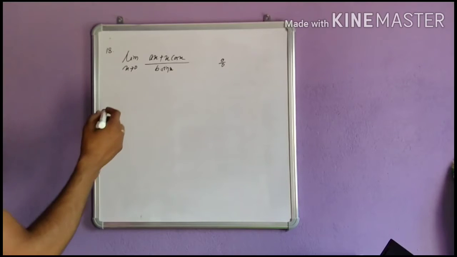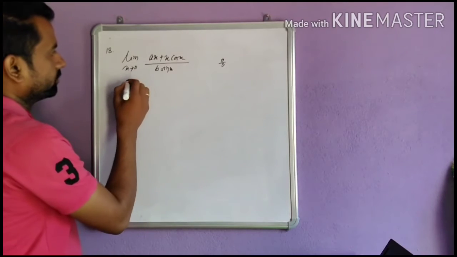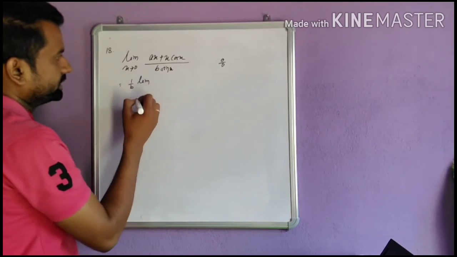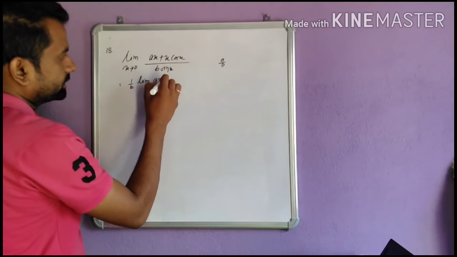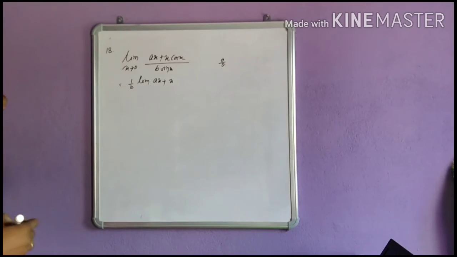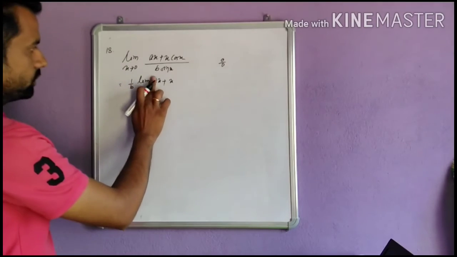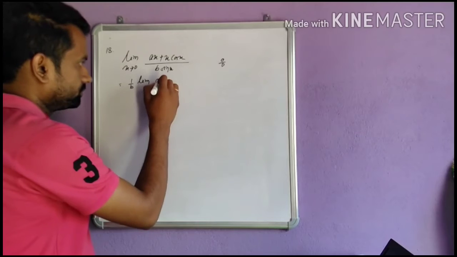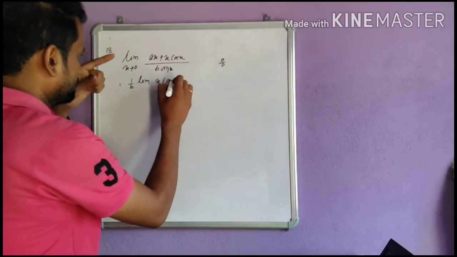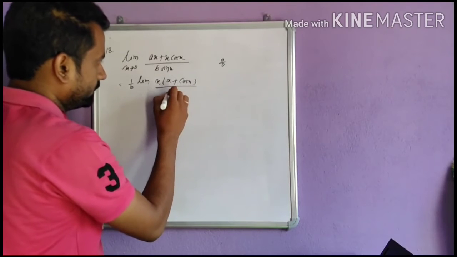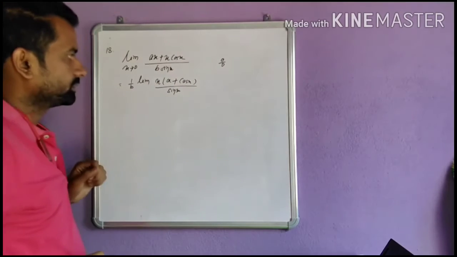Here you can convert like 1 by b limit. Sorry, that's not ax. We take x as common: x times a plus cos x by sin x.